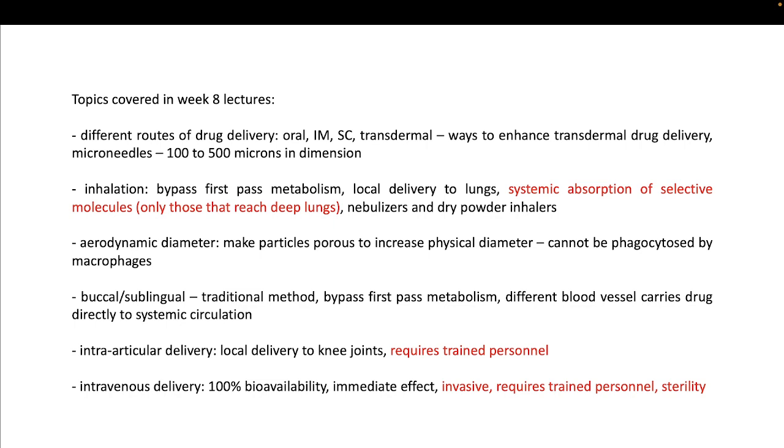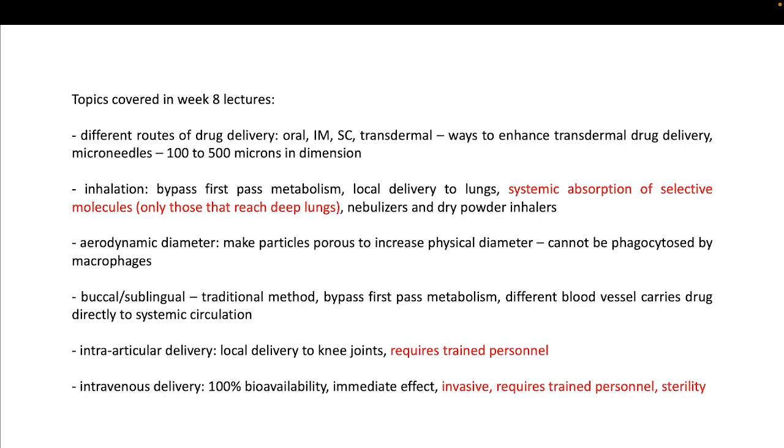And this discussion ended with something known as microneedles, which is a very good application to enhance the transdermal drug delivery, in which we make very tiny needles of the dimension of 100 to 500 microns, and then these are inserted in the skin. So this 100 to 500 microns in length is actually the length which will penetrate through the dead lipid layer which is present on our skin, and it will not harm the nerve, so the patient won't feel any pain. Next, we have seen some applications of these microneedles as well in the lectures.